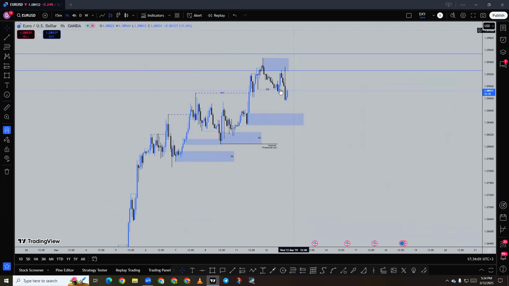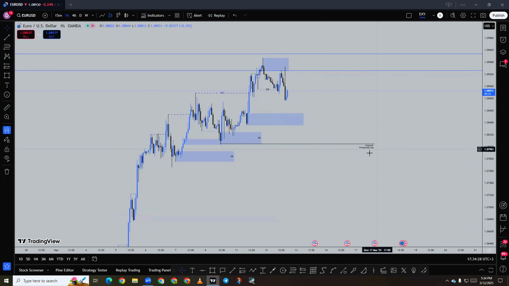But it is also important to notice where we are coming from. We are coming from a daily demand supply order block, so it would not be surprising to see the market violating all of these structures. This is the strong low. It should hold if we are to maintain that bullishness, or if the market is to maintain that bullish pressure to the upside.